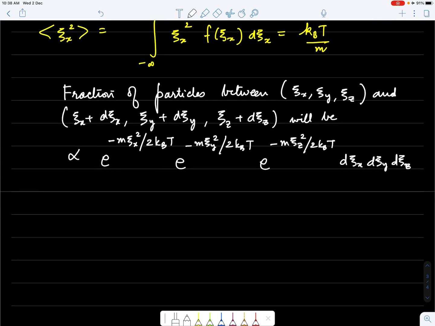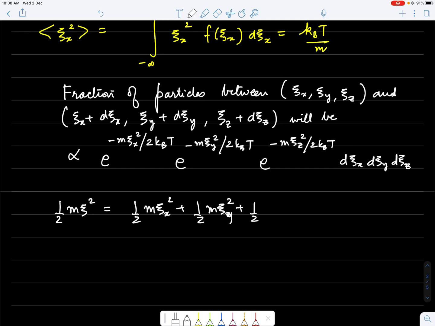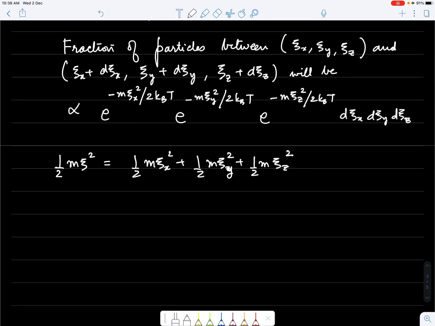And now I can actually use a fact that the total kinetic energy should be the sum of the kinetic energy given by the three velocity components. So I can replace ξx square plus ξy square plus ξz square to be ξ square, and so this proportionality can then be written as e to the power minus m ξ square by 2kBT into dξx dξy dξz.